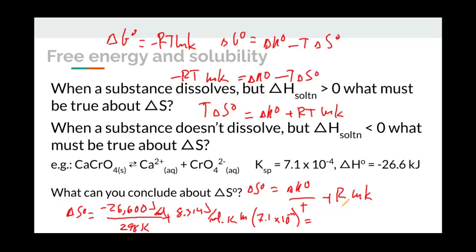And when we work the math out here, we will get a value of negative 149.5. The units are going to be joules per mole Kelvin, which is a good entropy change number. Now, the fact that this is negative confirms what we thought through qualitatively and shows us why the value of KSP is small and this substance doesn't dissolve very well.